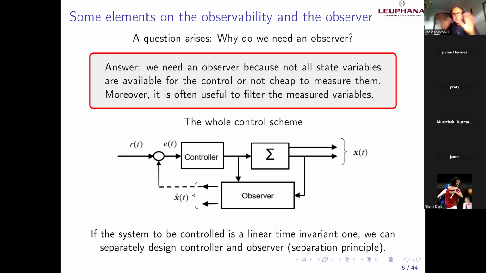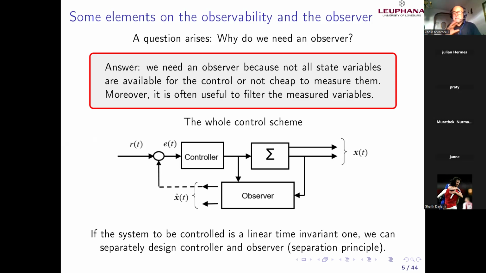Do you remember last time we also introduced the language of matrices and vectors in the context of this topic, observation, observability, and so on? If I measure a part of the state, a possible idea is to estimate, or observe.